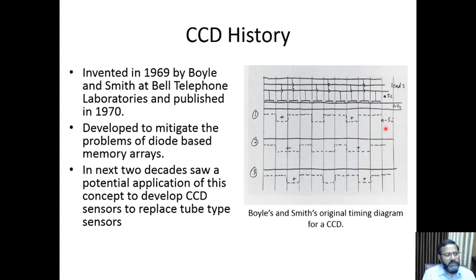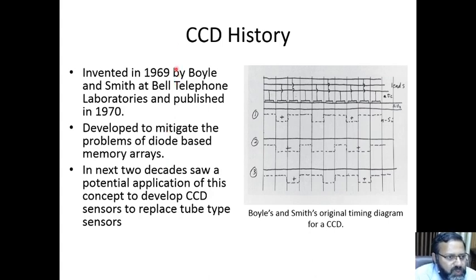So, CCD was invented in 1969 by Boyle and Smith at Bell Telephone Laboratories, and they published this invention in 1970. Initially, it was developed as a memory device to mitigate the problems of diode-based memory arrays, and later, after the invention, people saw that it has a potential application for imaging, and CCD imagers were eventually developed.